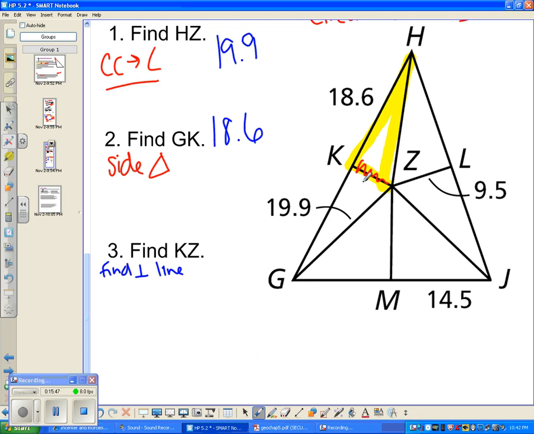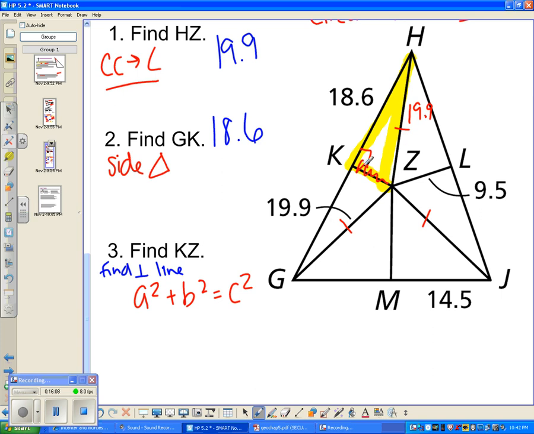Okay, thank you. So this side is 18.6. We also figured out up here that HZ, remember, all these are congruent to each other, so we know that this side is 19.9. We also know that this is perpendicular, so right here, this yellow one is a right triangle. So what we can do is the Pythagorean theorem: a squared plus b squared equals c squared.